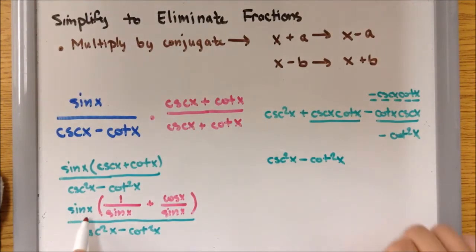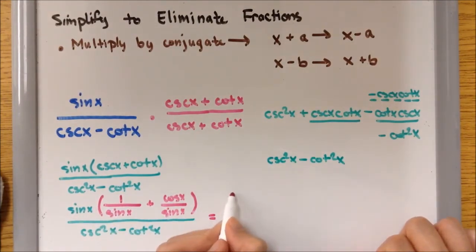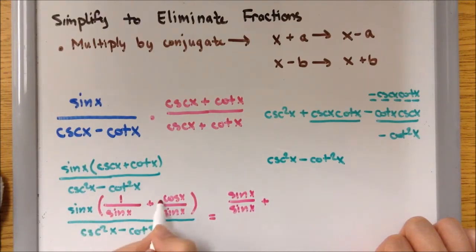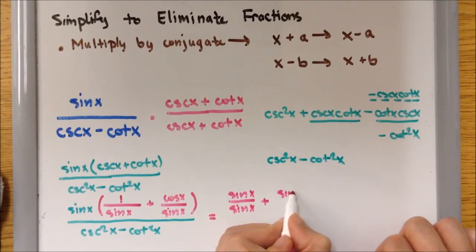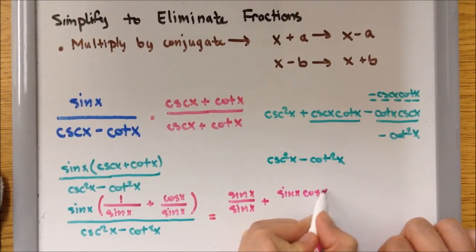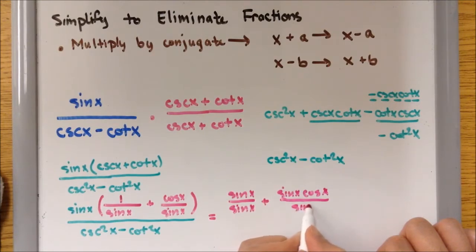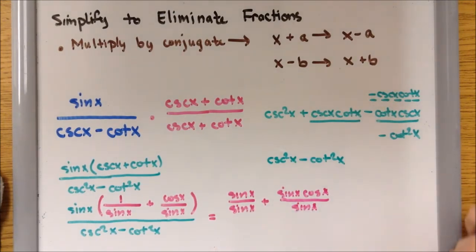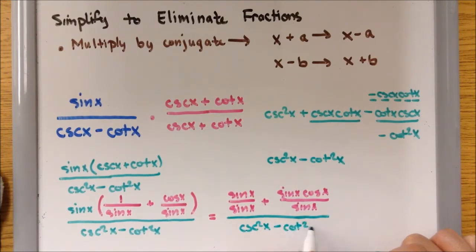When I distribute, sine x times 1 will be just sine x over sine x, plus, then I distribute this sine x to the numerator, so on the top will be sine x cosine x over sine x, and then my denominator stays the same, cosecant squared x minus cotangent squared x. Since I'm running out of room, I'm going to erase and make more room.